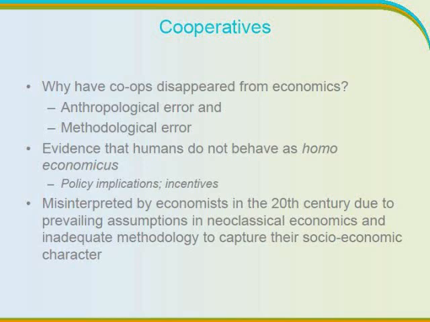So the first part, the anthropology, is that we now have evidence. Well, we've always kind of known that common sense is your evidence, but in economics now we have evidence that humans don't behave as Homo economicus necessarily, and this, of course, has policy implications and implications for the incentives that we use.